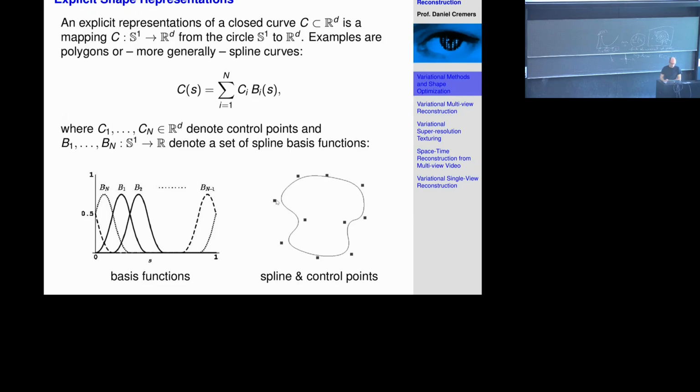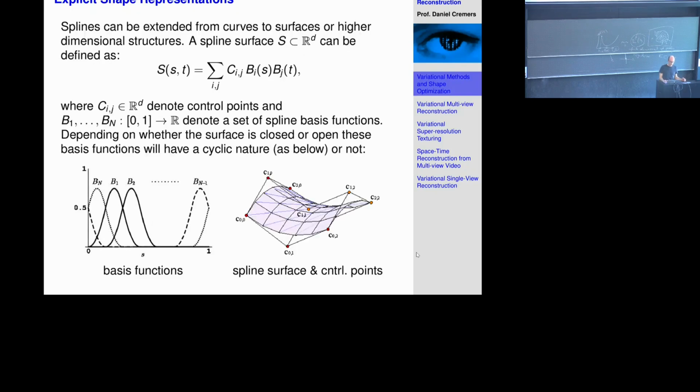And once you change these control point locations, you move the whole surface around. And if you want higher resolution, you can just increase the number of control points. But it remains a very compact representation, and that's typical for explicit representations.